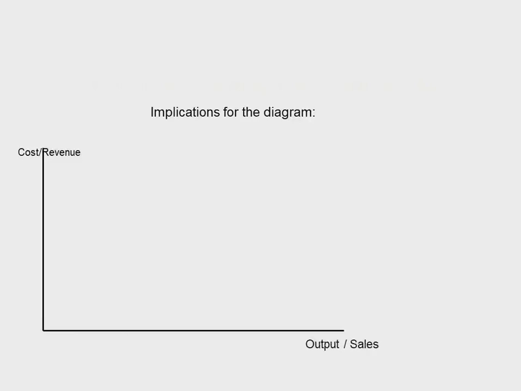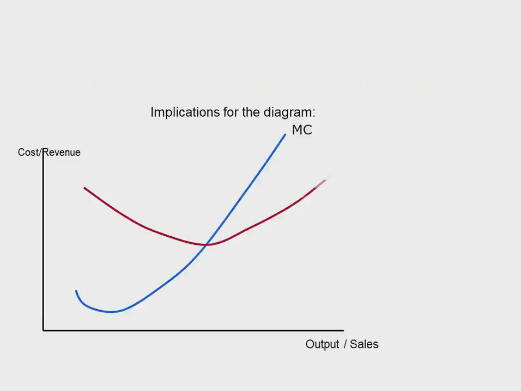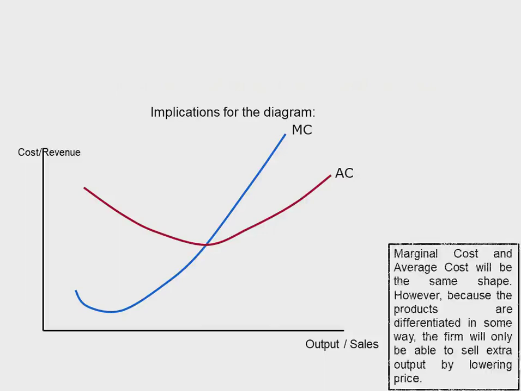Let's look at the implications in terms of a graphical illustration. With cost and revenue on the vertical axis and output on the horizontal axis, we have our marginal cost that is upward sloping, and our average cost that slopes down and then starts to rise, which is a U shape.